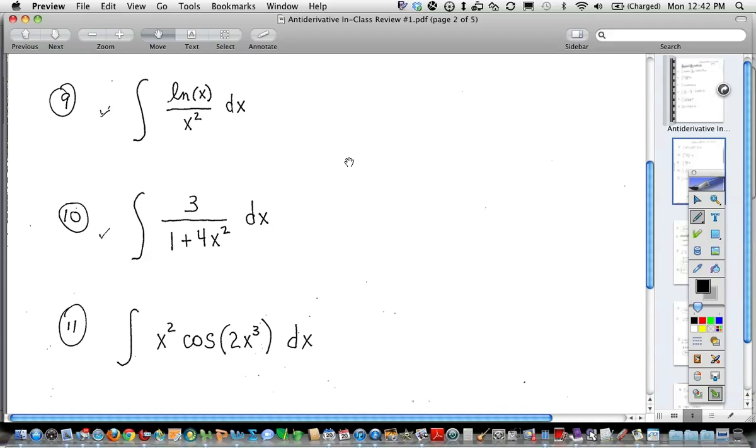All right, so in class on Friday, we had gotten down through number 8. And I gave you these 3 to finish up. All right. So, thoughts on number 9?